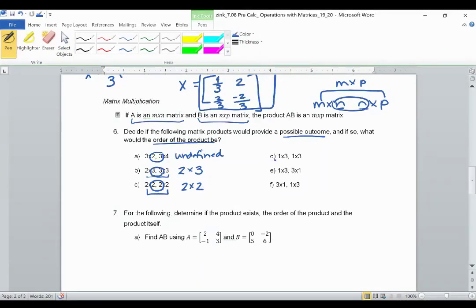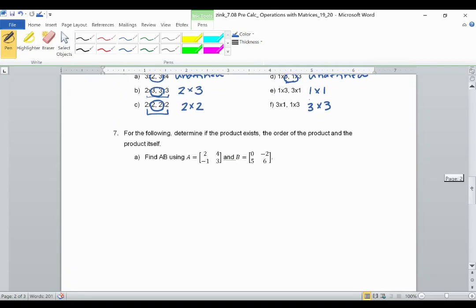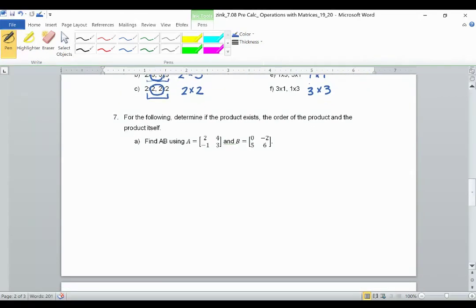Okay, so hopefully you realize in D, it again would be undefined because the middle numbers are not the same here. In letter E, you'd end up with a 1 by 1 matrix, and in letter F, a 3 by 3. For the following, determine if the product exists, the order of the product, and the product itself. Okay, so first we need to know if it exists.